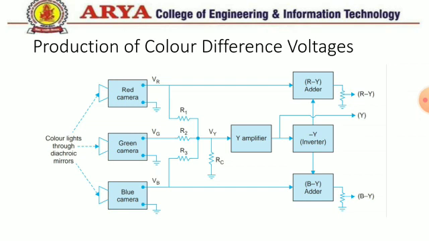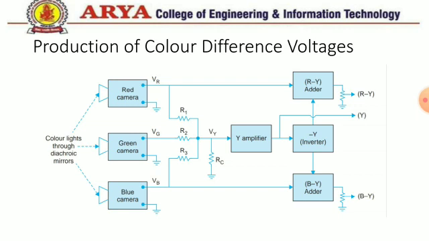Hence, it is amplified before it leaves the camera subchassis. Also, the amplified Y signal is inverted to obtain minus Y as the output. This is passed on to the two adder circuits.